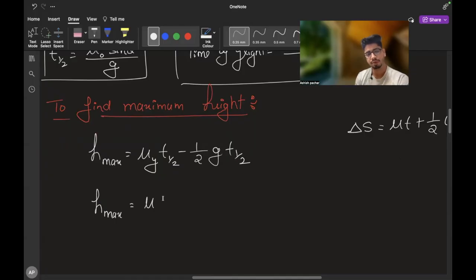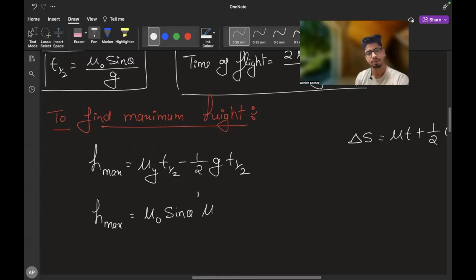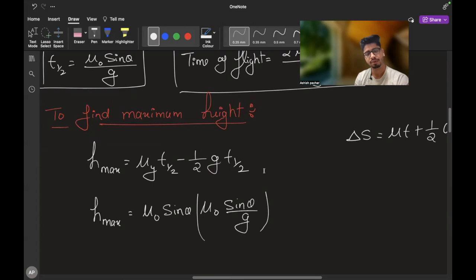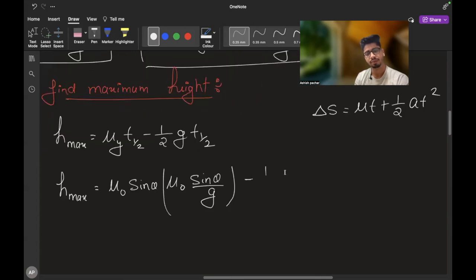The vertical velocity component is u naught sine theta, and the time is t half. So how much is t half? u naught sine theta by g, minus half g t square, sorry.